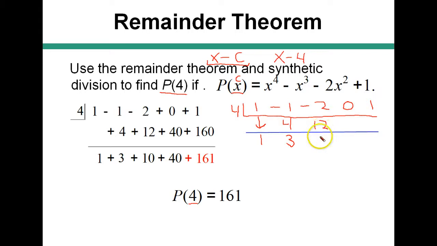Add that up, and that gives me a 10. 4 times 10 is 40. Add that up, and it gives me a 40. 4 times 40 is 160. Add that up, and it gives me a 161.